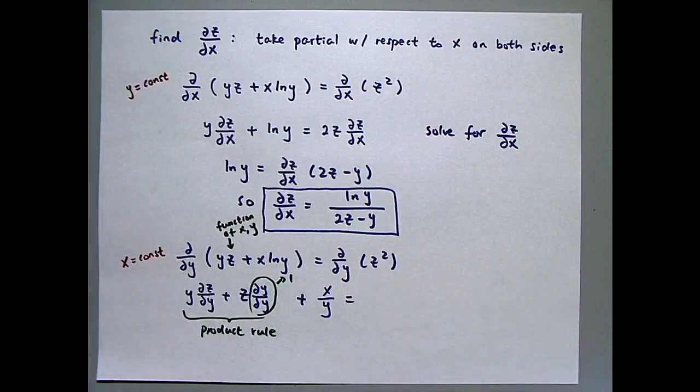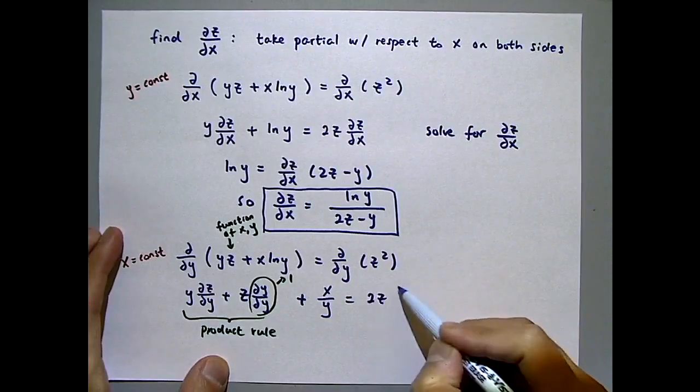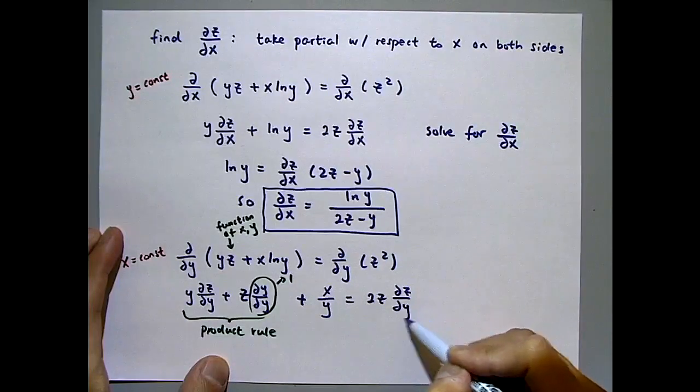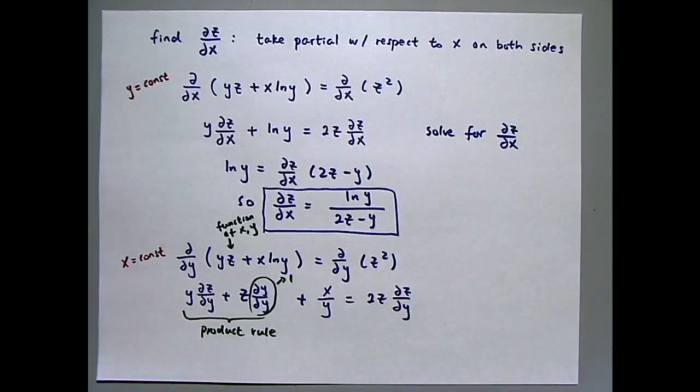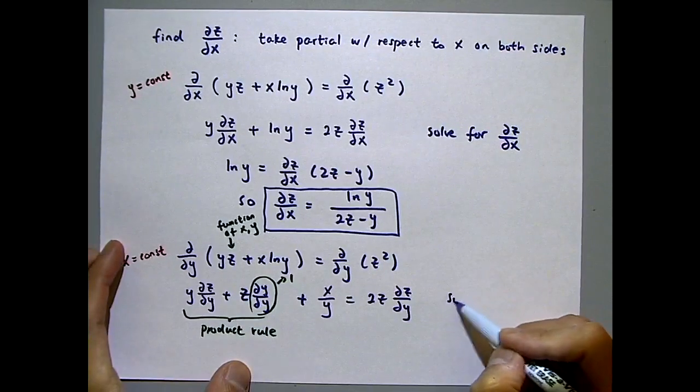How about right-hand side? 2z, partial y. Any question with all these things here? Good? All right.